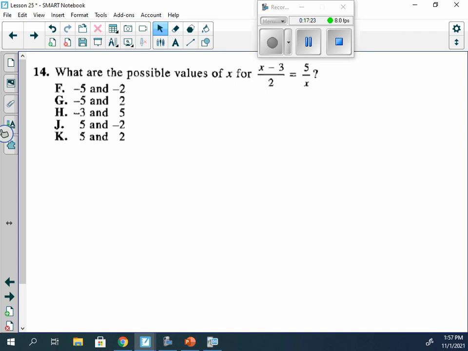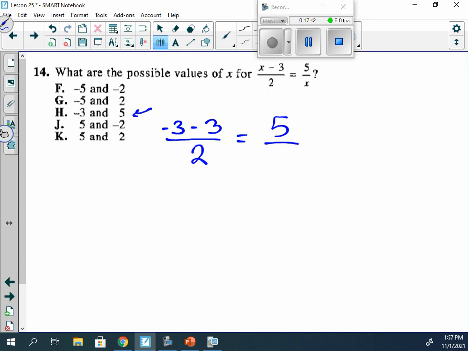Well, I'm just going to pick a number from the middle one and try it. If it works, awesome. If it doesn't, we'll try something else.